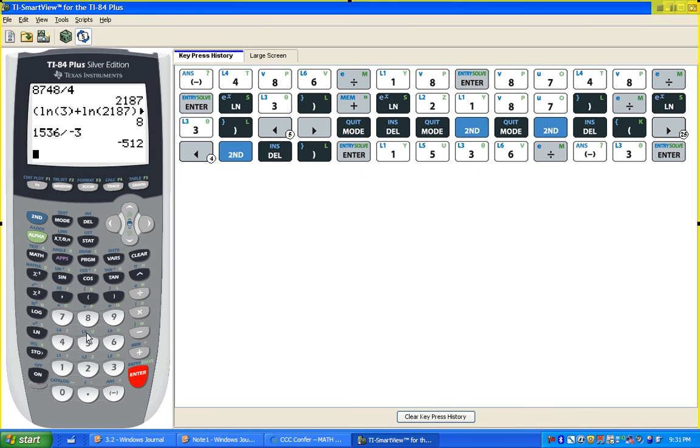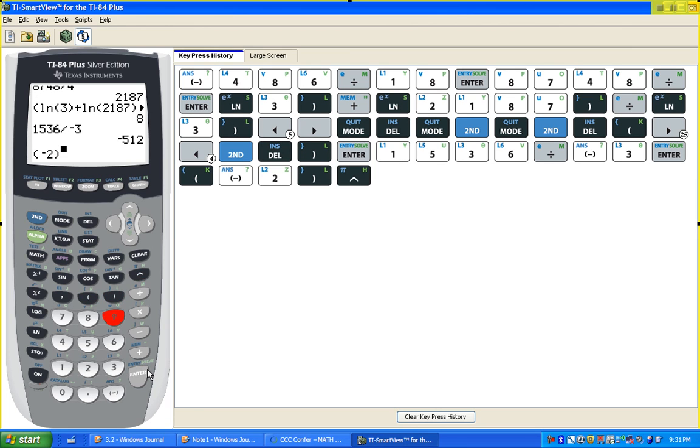Let's just check that. Negative 2 to the power 9 is indeed negative 512.